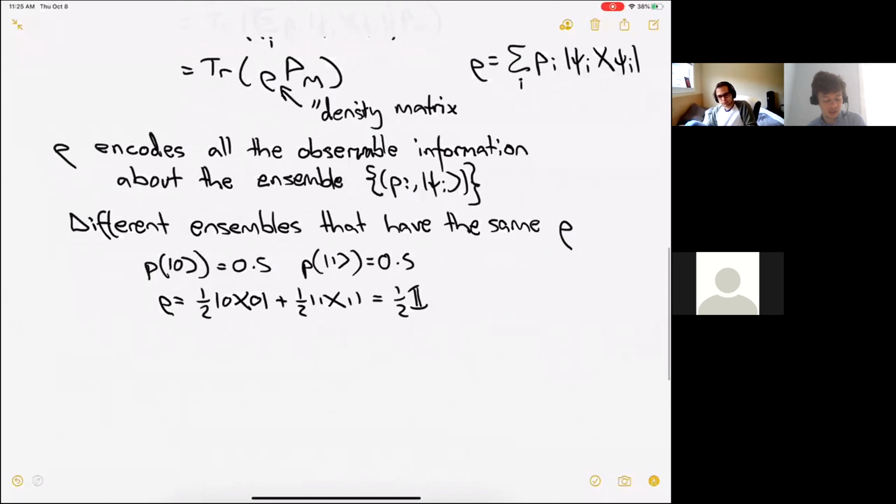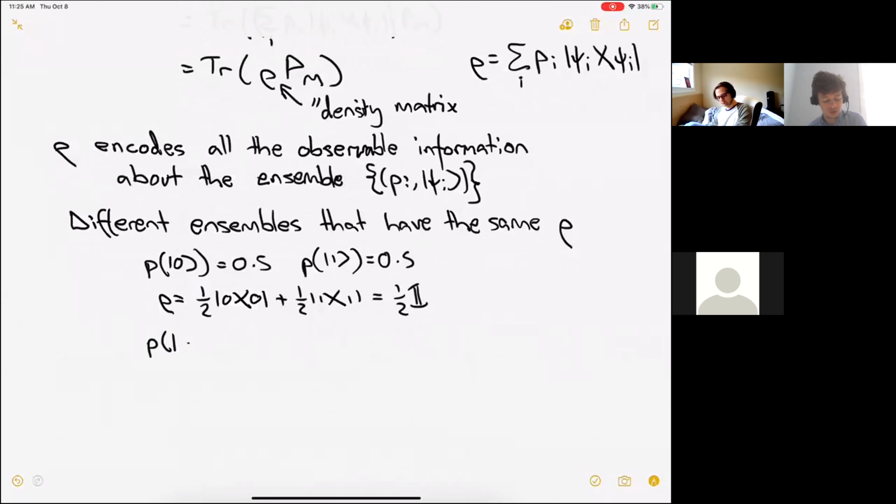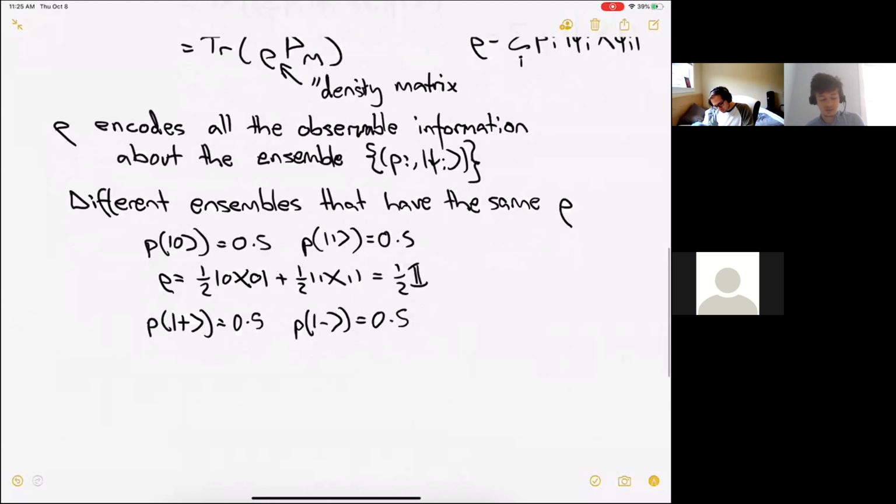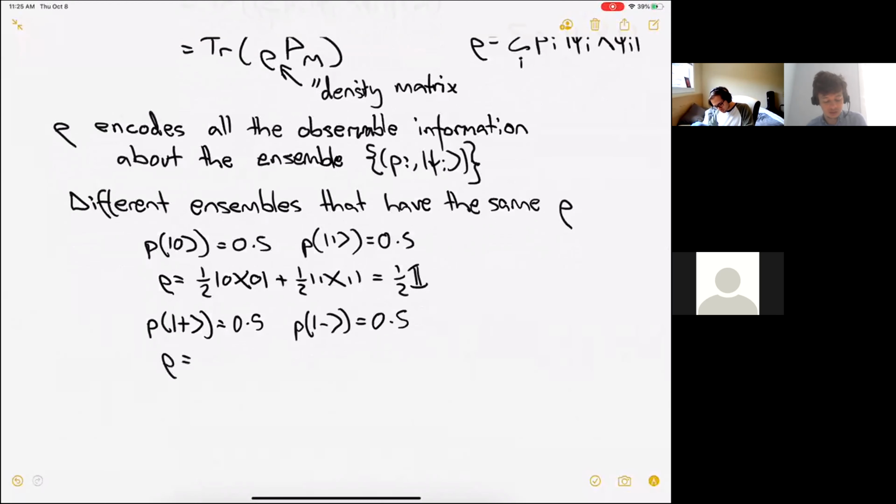And similarly, we could have P of the plus state being 0.5 and P of the minus state being 0.5, and then again we would find that rho is a half plus-plus plus a half minus-minus, and that's equal to a half times the identity.